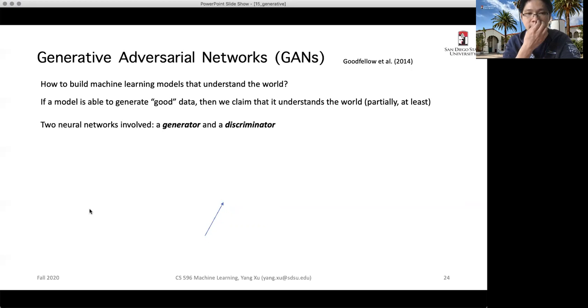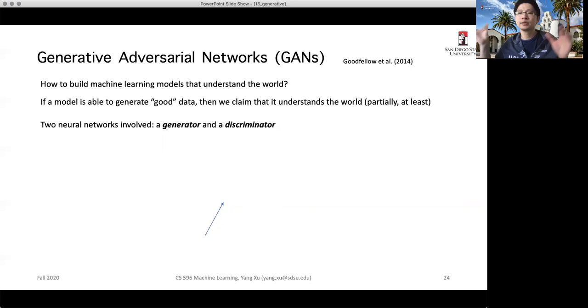By good data, we mean data that are close to human-generated data. So in the case of drawing a picture, if a model is able to draw a picture that is very close to a real picture, so that even a discriminator cannot tell the difference, then we will say that the model that generates the picture is a very successful one.